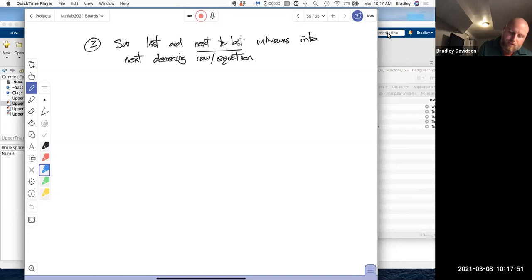Writing this out, we get -2 x1, which we don't know, plus the coefficient 1 times x2, which is 1, plus 2 times x3, which is 2, and this is equal to 9.